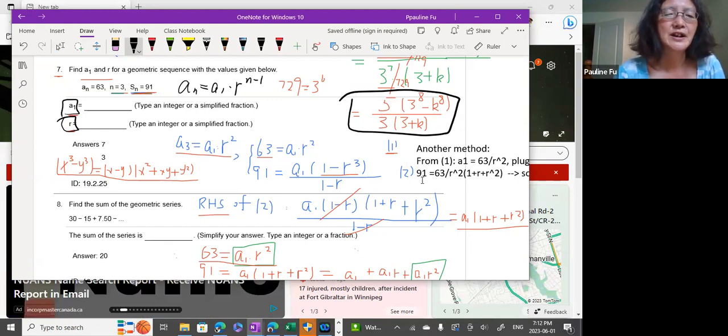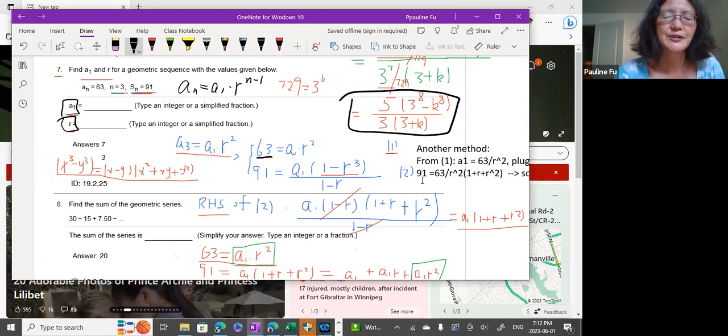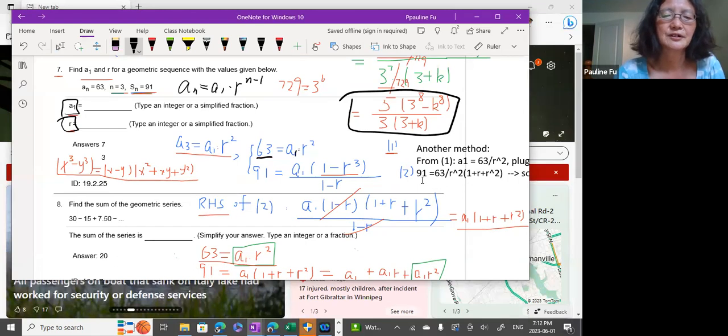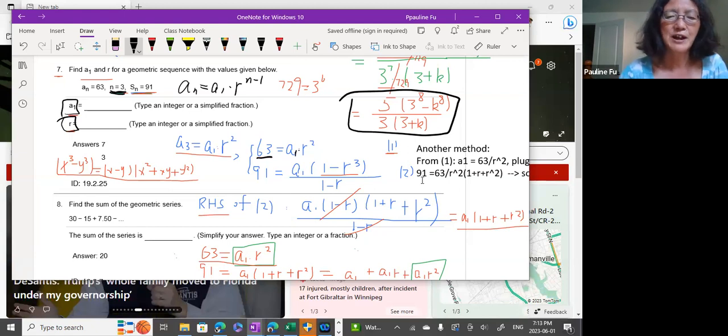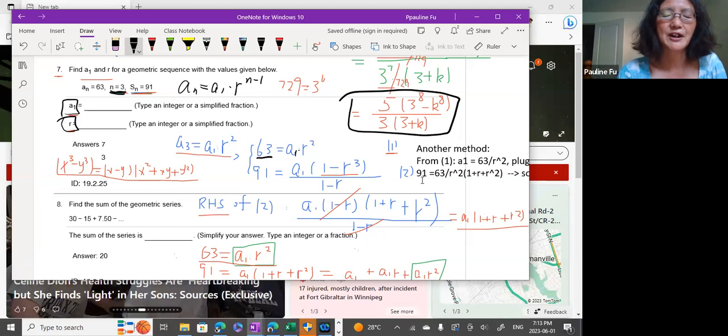And you are given AN equal to 63. So 63 equal to A1 times R raised to power 2 because N is 3 is given. So we get one equation, 63 equal to A1 times R squared.